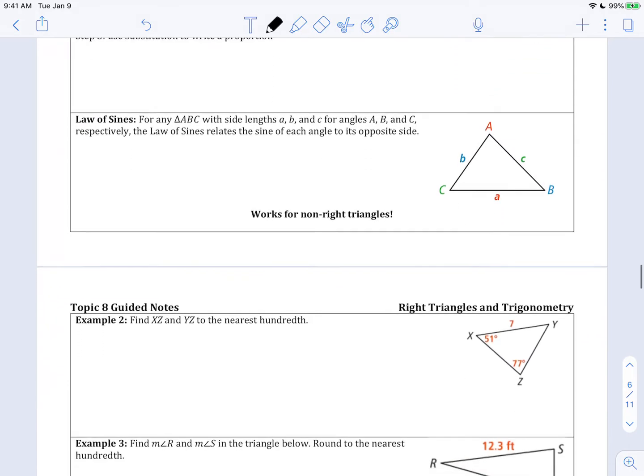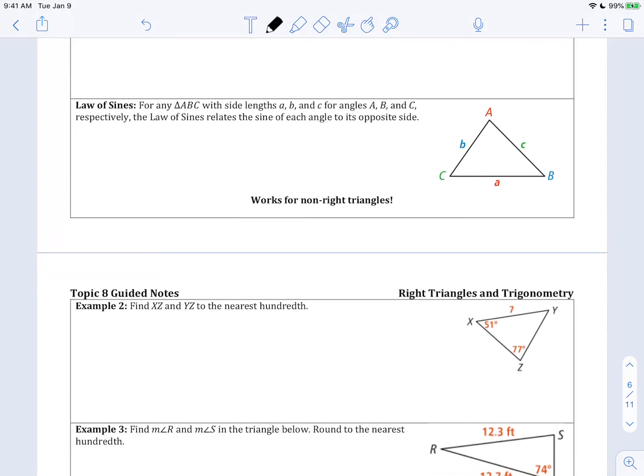Okay, so law of sines. For any triangle with side lengths A, B, and C and for angles A, B, and C respectively, the law of sines relates the sine of each angle to its opposite side, right? So angle C goes with side C, angle B, side B, angle A, side A. And you write a proportion to talk about this relationship.